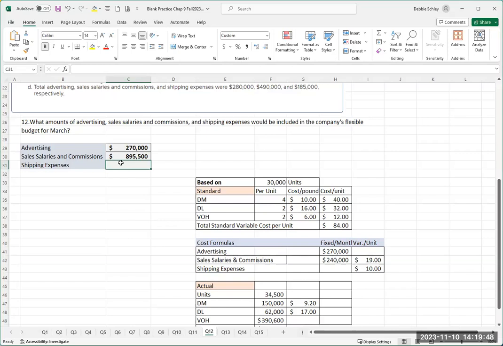So there's my sales, salaries, and commissions. And again, shipping expense is just variable, so it's $10 per unit times the units. So again, advertising, it's just the fixed portion they told us. Sales, salaries, and commissions is going to be the fixed portion. Make sure you put parentheses plus parentheses, the variable portion times the units. And then shipping expenses is just variable, so it's the variable portion times the units. So that is what is going to go on the flexible budget.